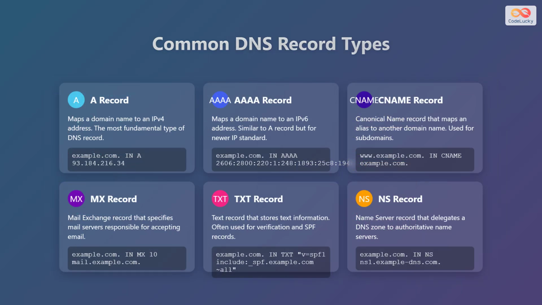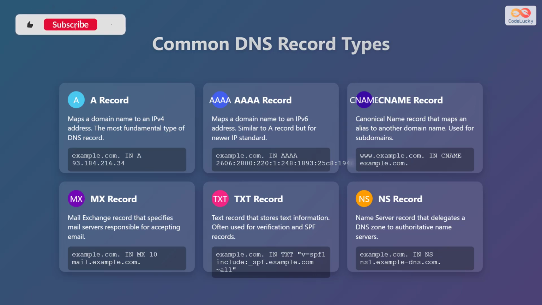DNS servers store various types of records, which provide different kinds of information about a domain. First, there is the A record, which maps a domain name to an Internet Protocol version 4, or IPv4 address. Then there is the quad A record, which maps a domain name to an Internet Protocol version 6 or IPv6 address. Next is the CNAME record or canonical name record, which maps an alias to another domain name.